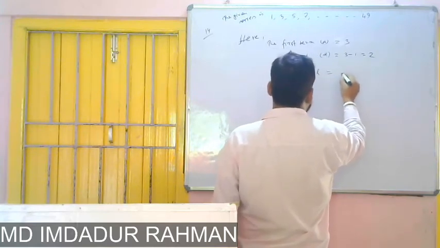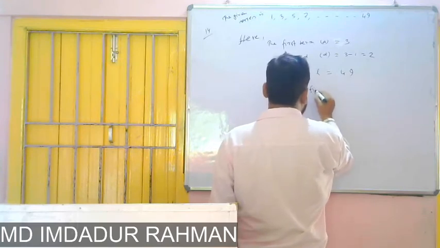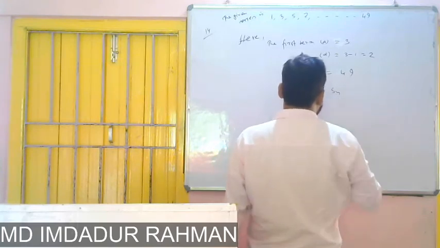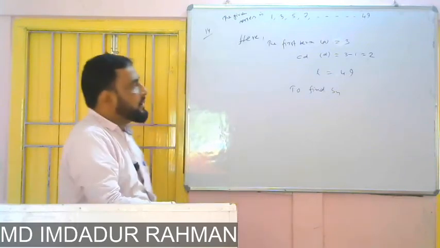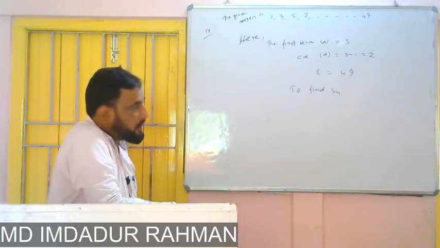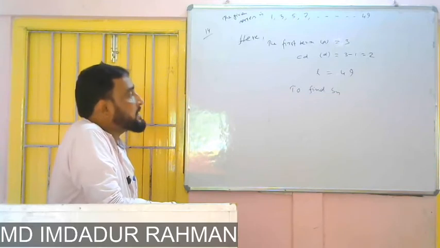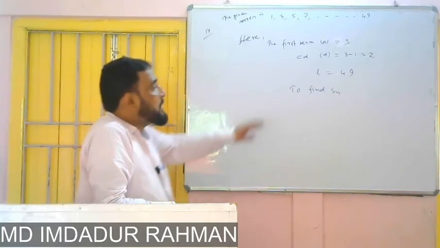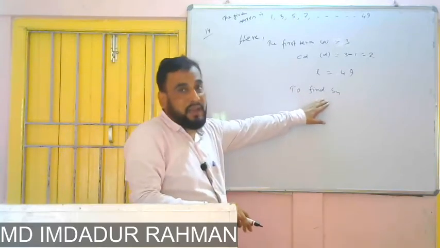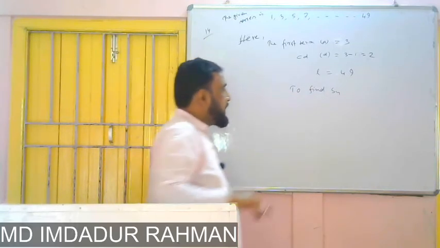L, that is the last term, is 49. To find Sn, you have the formula Sn is equal to n by 2 into 2a plus n minus 1 into d, but we don't have the value of n. So first of all we have to find the value of n.